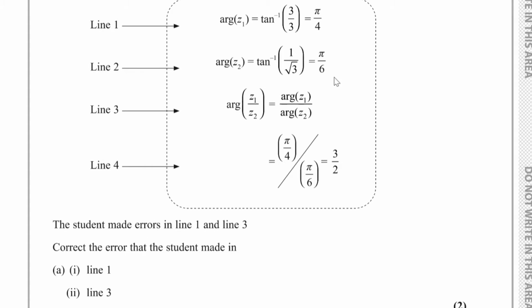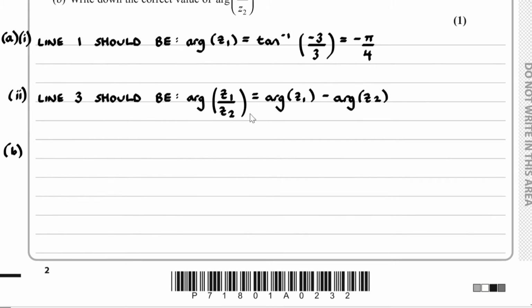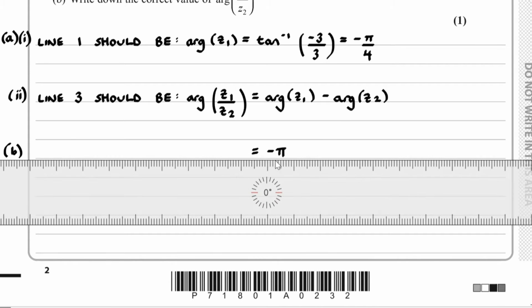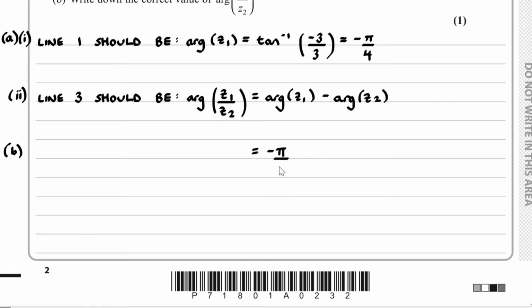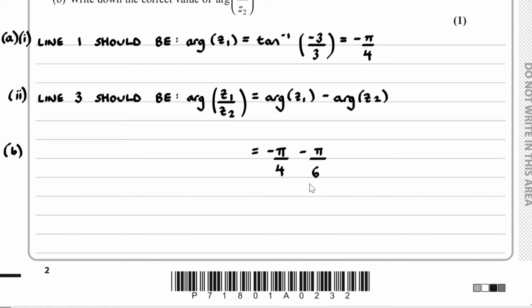We know the value of the argument of z2, so the argument of z1 over z2 will equal minus pi over 4 subtract pi over 6.